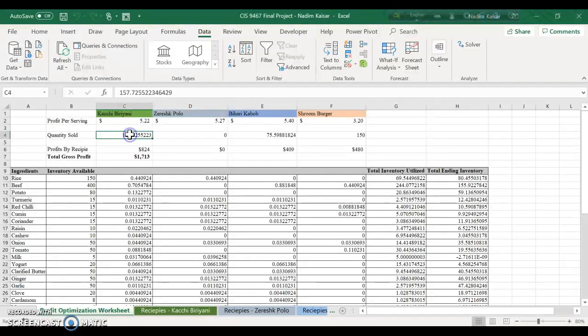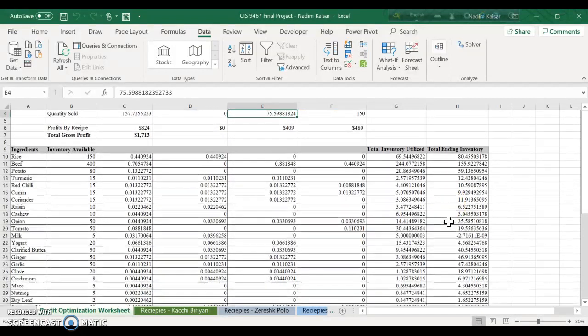I would also like to sell as many of these dishes as possible. And my constraints here will be that my ending inventory is always going to be greater than 0. It can never go negative.